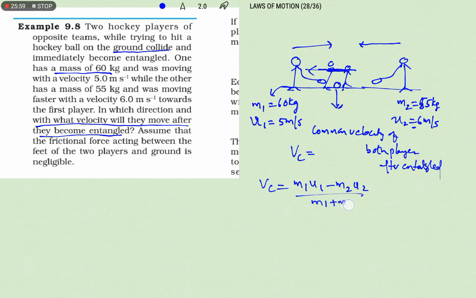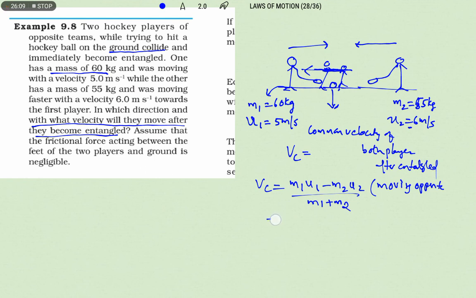Why am I getting the negative sign? Because the players are moving in opposite directions. Okay, right, substitute the values: m1, so 60 into u1 5, minus 55 into 6, by 60 plus 55, 115.